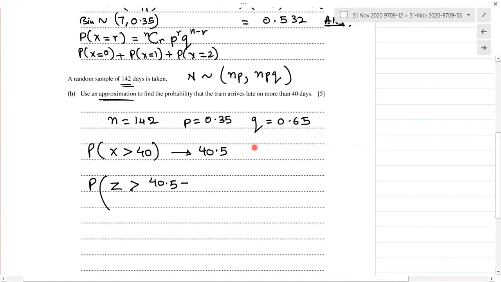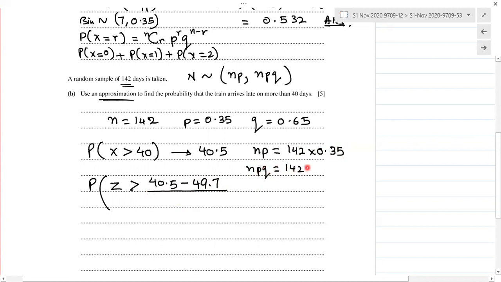So we still have to work out the mean. np is the mean, which is 142 times 0.35, and we get 49.7. This is divided by the standard deviation, and npq is the variance.